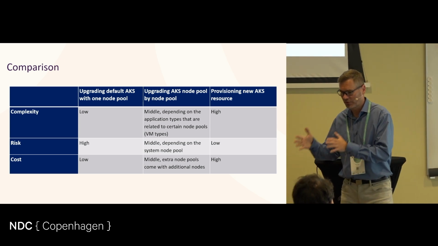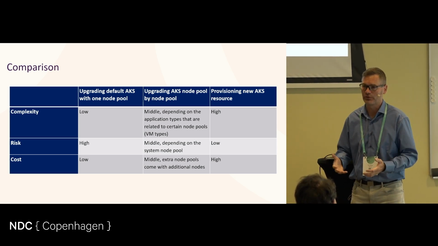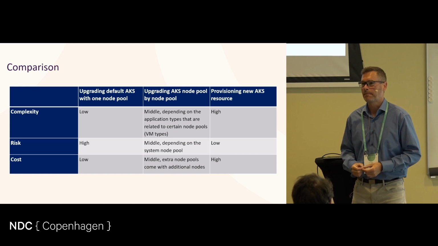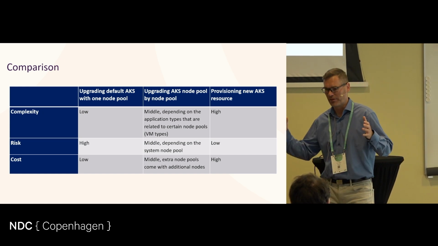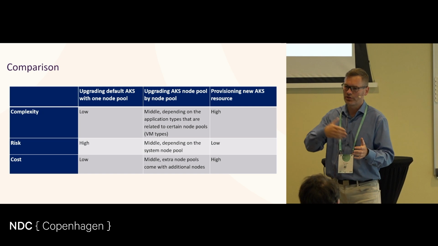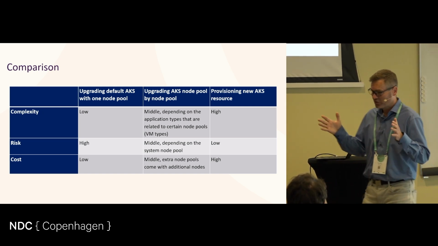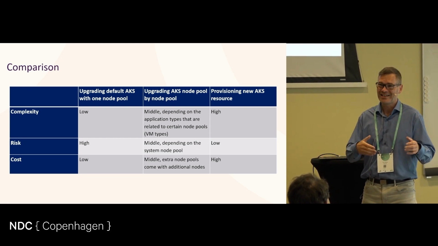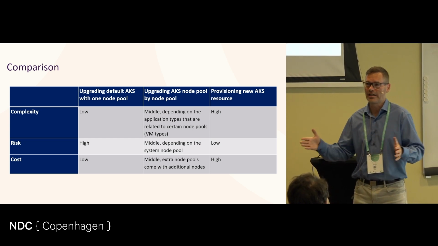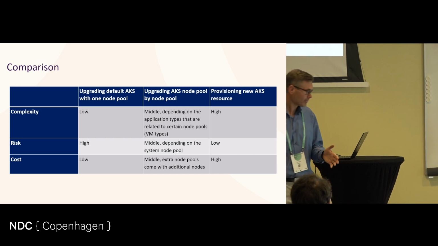And the cost is also very high because you have it twice. You have a redundant system. And you have to have the manpower to actually do this switch, which can also be complicated. But the risk is super low because you can test everything beforehand, which is very, very nice.